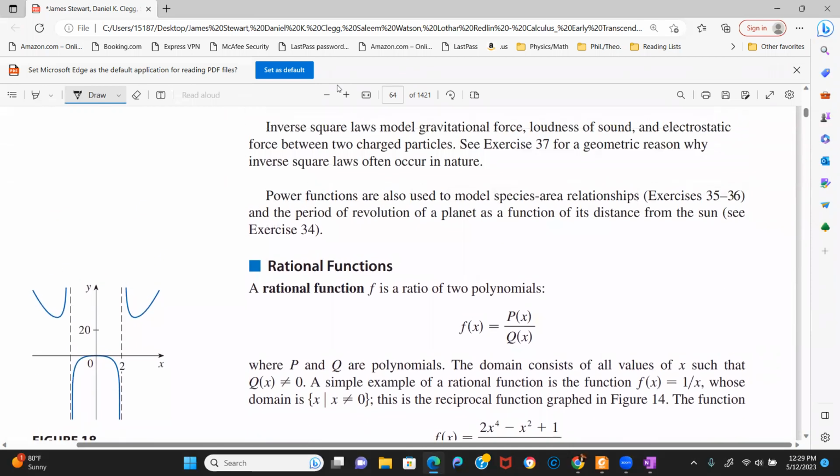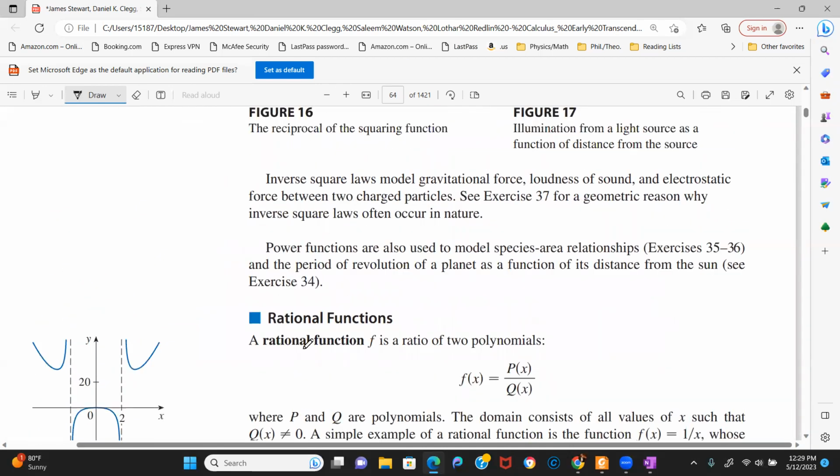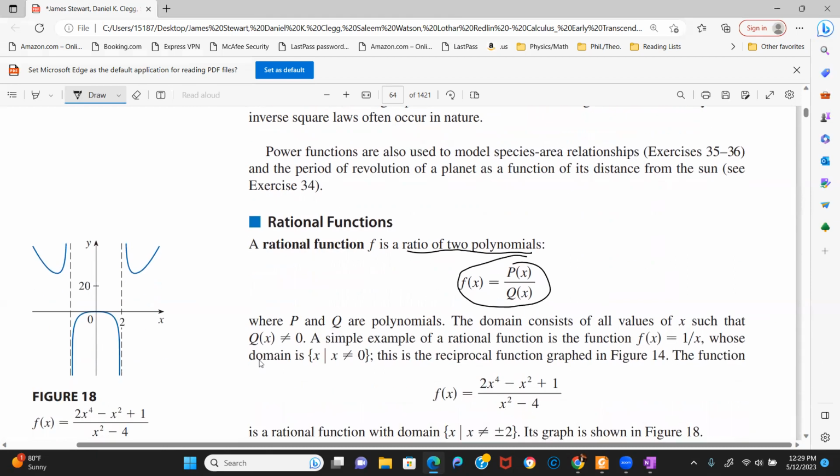All right, so the next kind of function we want to look at is the rational function. A rational function is a function of this form. It's a ratio of two polynomials, so you have a numerator and denominator that are polynomials. It's clear that every polynomial is a rational function.